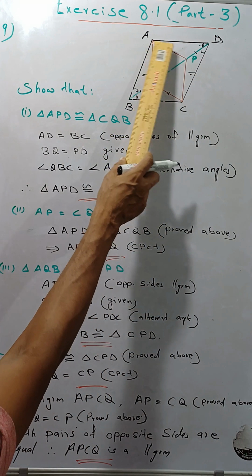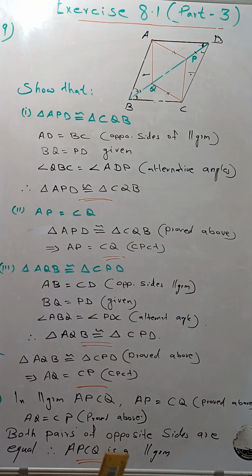We have to prove this APCQ is a parallelogram. In quadrilateral APCQ, AP is equal to CQ.